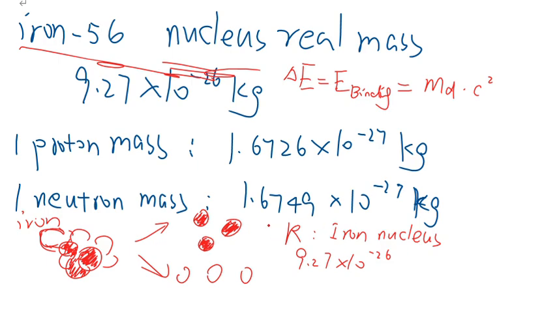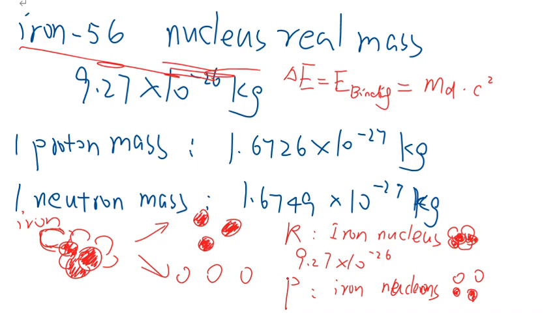Now my products in this reaction are going to be the iron nucleons, something like this. We want to split the whole thing into its components.